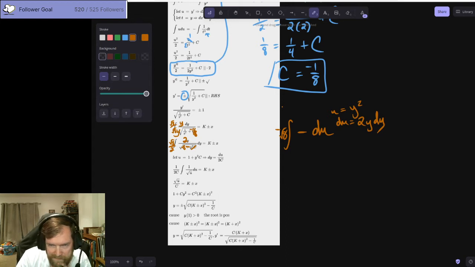Okay. So we've thoroughly messed this up pretty nice. 2 over root 8 minus u squared equals plus or minus 1.